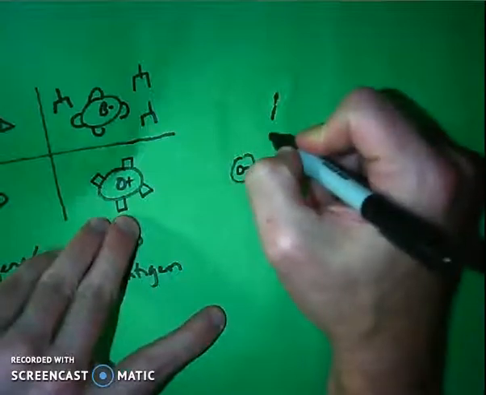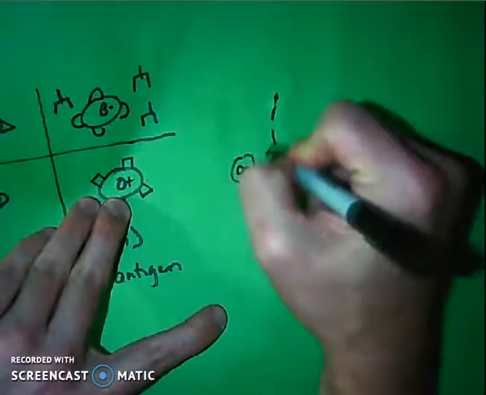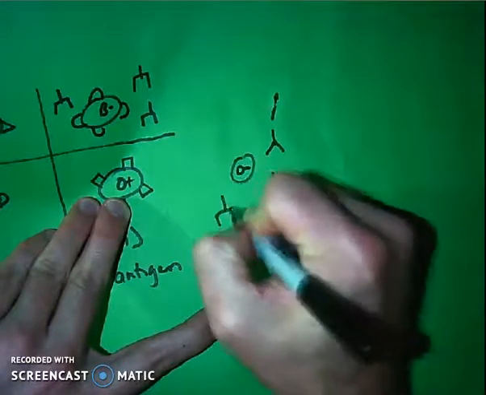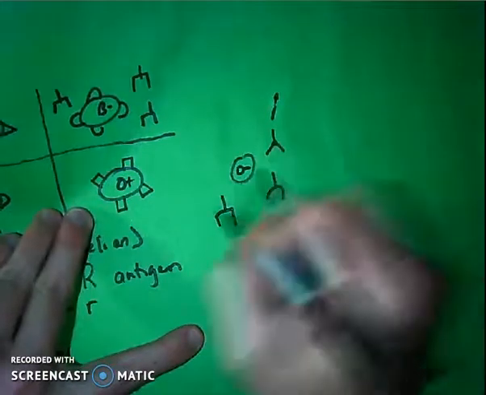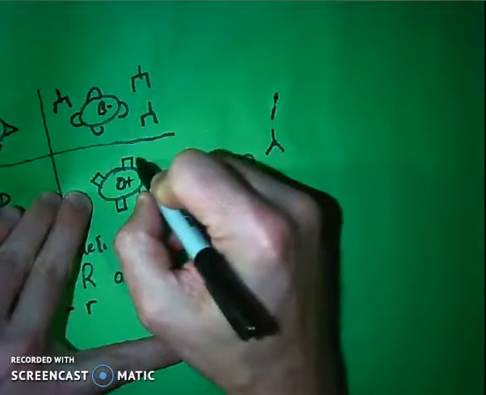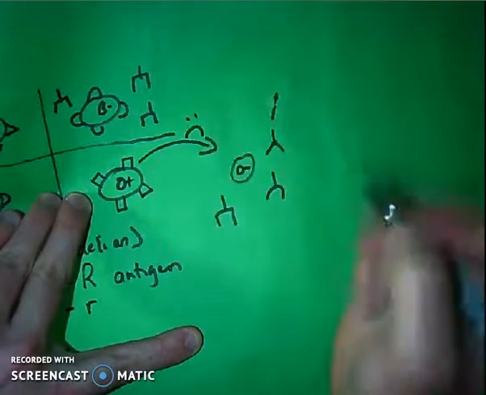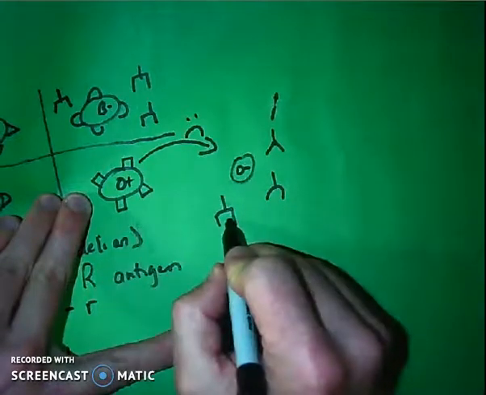So it has the A antibody, it has the B antibody, and now it has the positive antibody. So going from O positive to O negative is bad news, because the antibody that will fight the foreign antigen will attack.